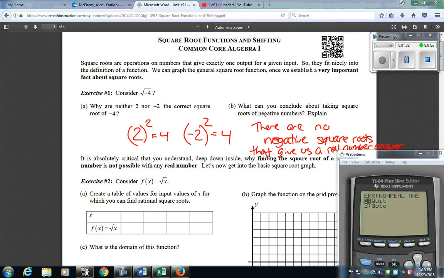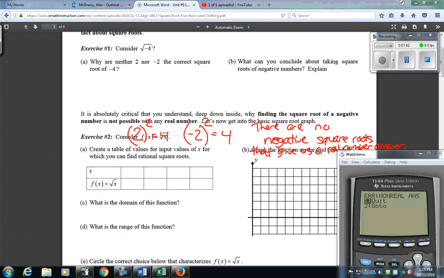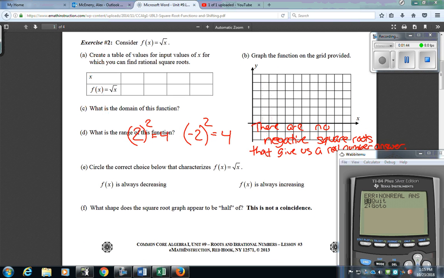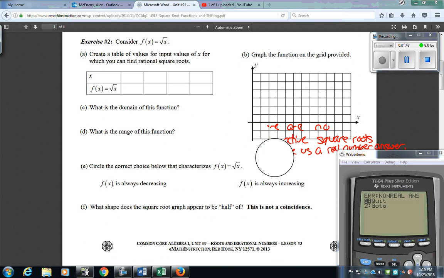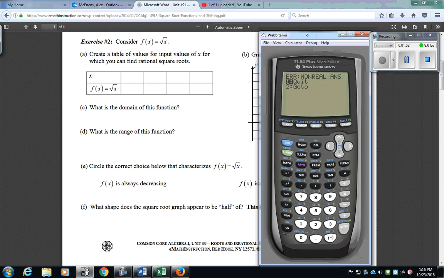What you'll see on the tables a lot of times with square root functions is errors in the table. So we're going to look at that in exercise 2 right now. For exercise 2, I'm going to graph by going to y equals the square root of x.